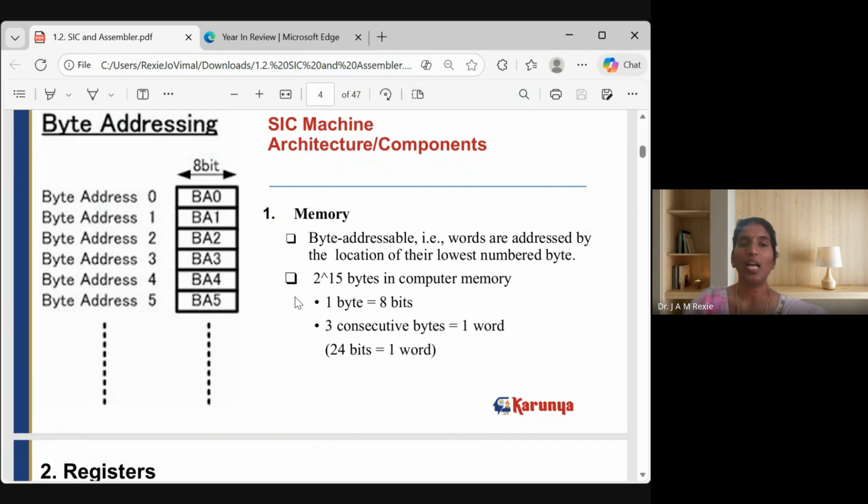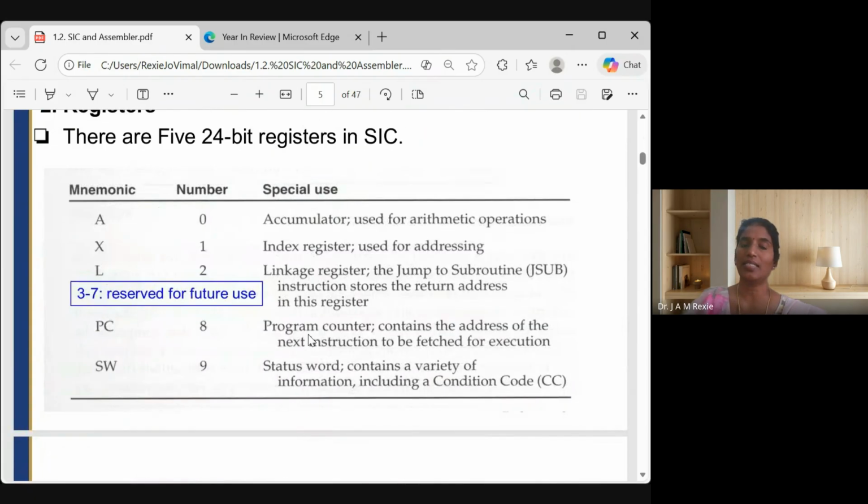And the registers, as already said: accumulator A is the register used for arithmetic operations. Then the register X is used as an index register to represent whether it is direct addressing or indexed addressing. Then L is a linkage register to store the return address when I have a subroutine call. Once the subroutine is over, it gives the RSUB, return from subroutine, instruction to come back.